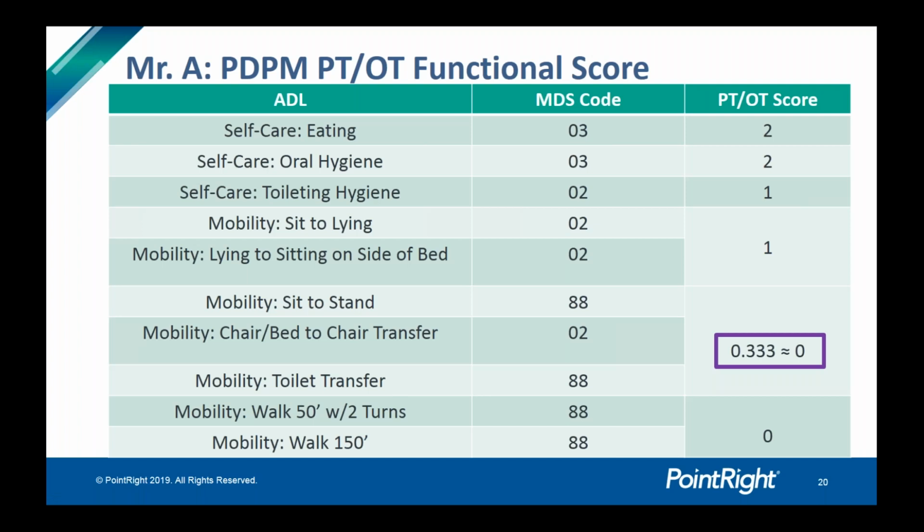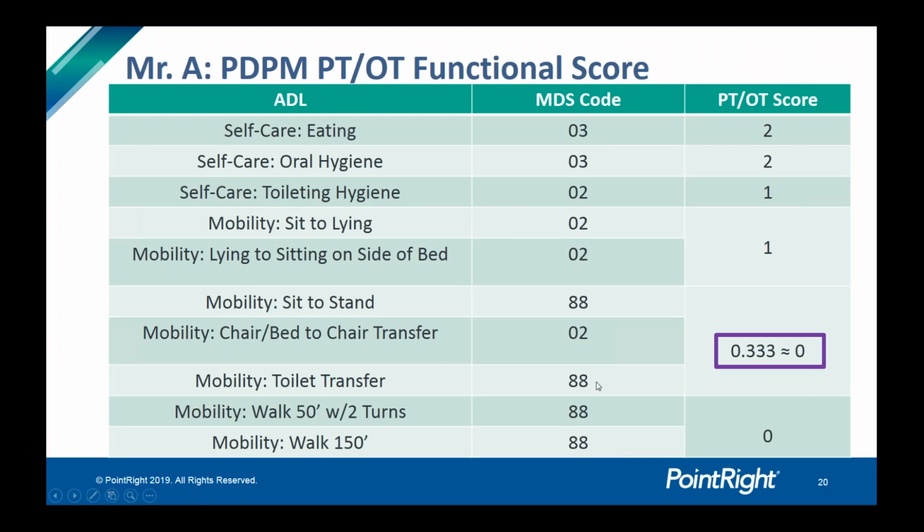You do have to do a little bit of math here, and I checked this in the RUG calculator that CMS provided us, just to make sure, well, how do we handle the rounding? Because that is something that really wasn't spelled out in the PDPM crosswalk materials. But if you're averaging 3 things, you're going to have to round somewhere.